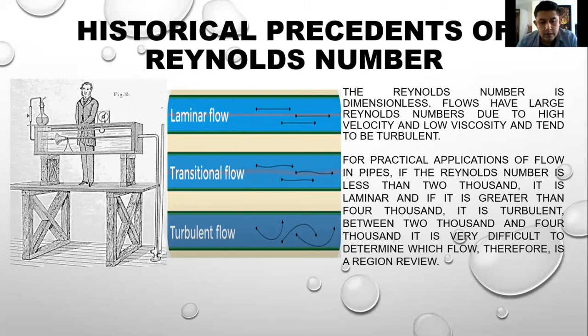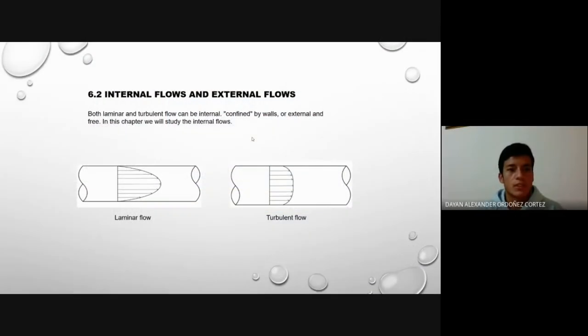The Reynolds number is dimensionless. Large Reynolds numbers, due to high velocity and low viscosity, lead to turbulence, in external flows as well. Both laminar and turbulent flow can be internal, confined by walls, or external and free.